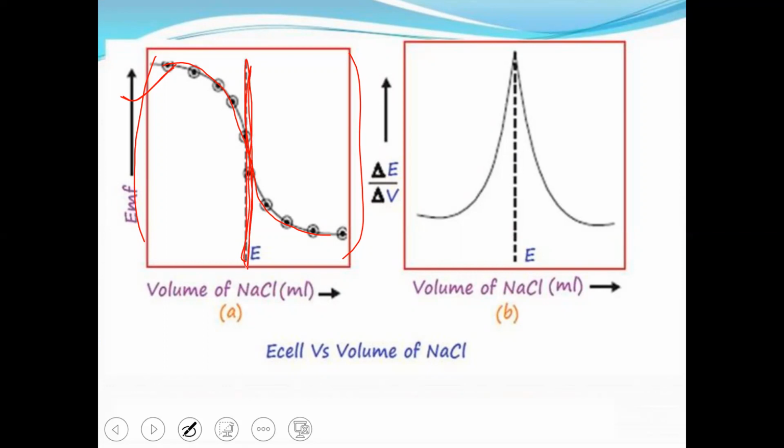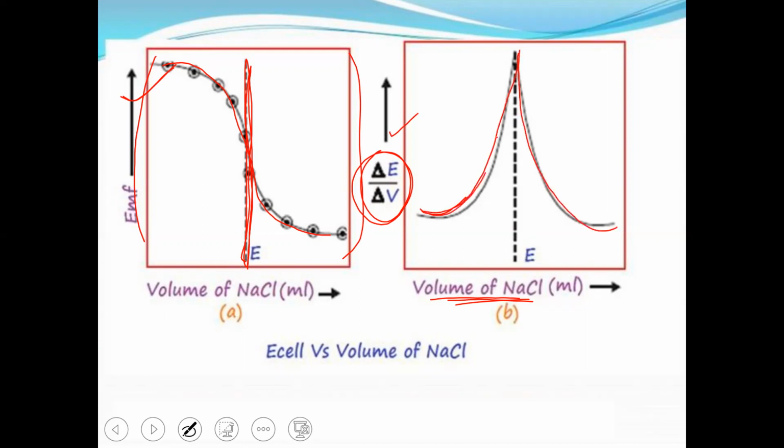If you want a clearer end point for this potentiometric titration, then we can draw a graph between delta E by delta V versus the volume. Then we can get a sharp end point. By using this graph, we can easily find the sharp end point.